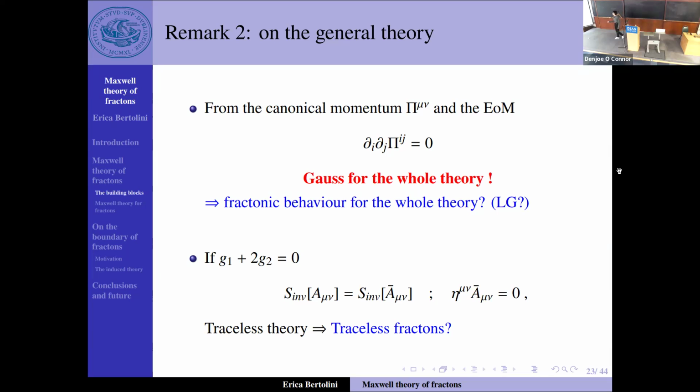Also, going back to the pole of the propagator, we notice that the theory is a traceless theory, and it still has a Gauss-like constraint. So it seems that here we have a full fractonic theory, and here we could have a traceless fractonic theory, the one that has the dipole being a two-dimensional particle.